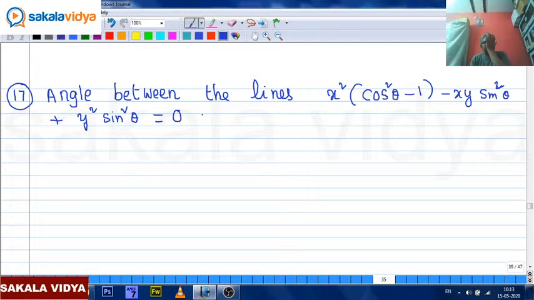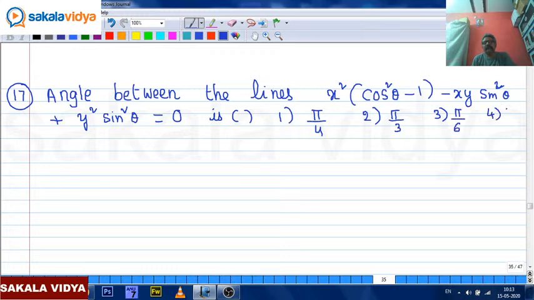This is the pair of lines. Is: first option pi by 4, second option pi by 3, third option pi by 6, fourth option pi by 2. That means first option is 45, second option is 60, third option is 30, fourth option is 90.